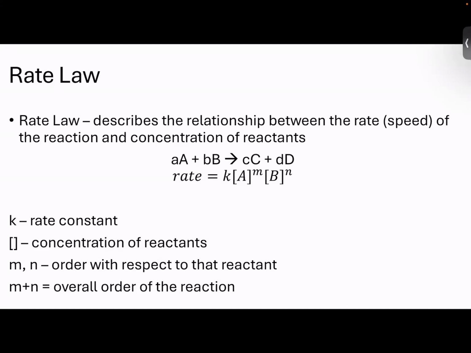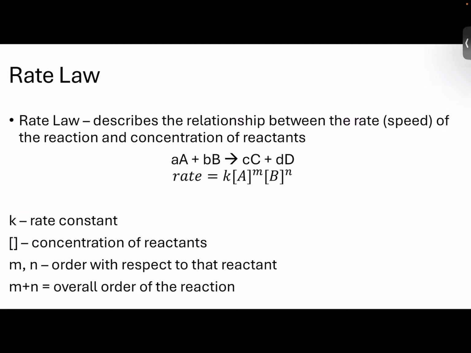That rate constant is multiplied by the concentration of the first reactant raised to an order times the concentration of the second reactant raised to an order. So here, again, the lowercase k represents the rate constant.